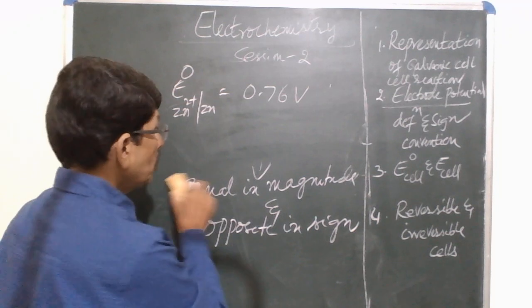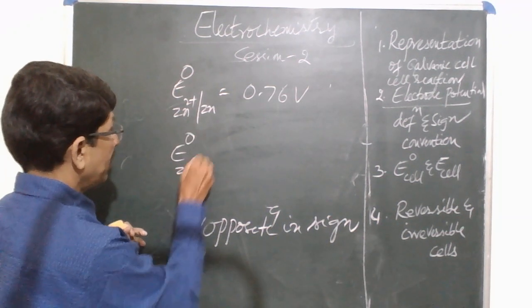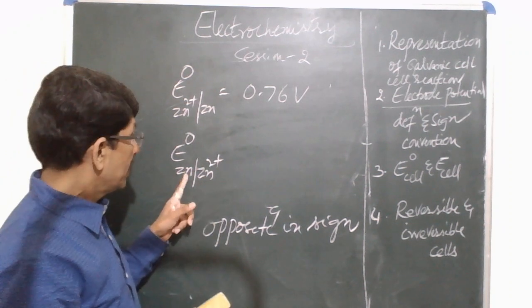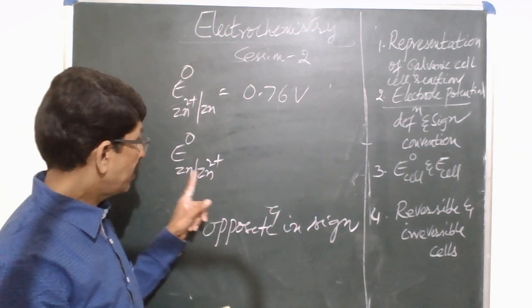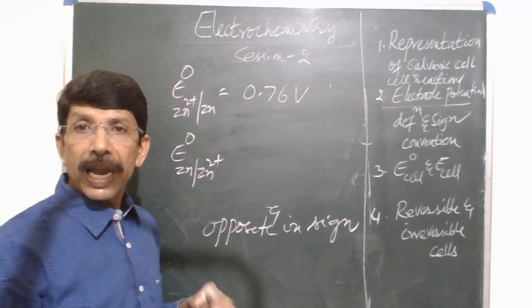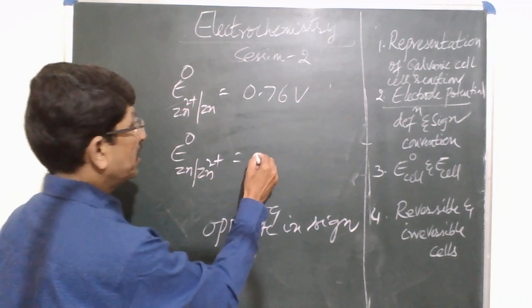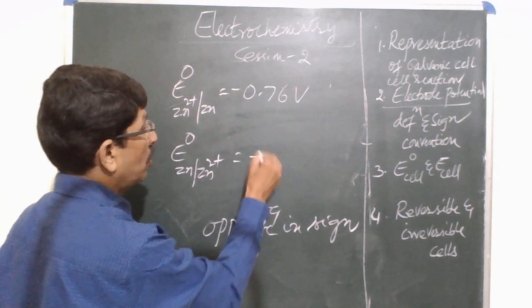If it is the oxidation potential of zinc, we write it like this. Oxidation means the process of losing electrons: zinc atoms are converted to zinc ions, so zinc is undergoing oxidation. When we represent it like this, it represents standard oxidation potential. The standard reduction potential is minus 0.76 volts.